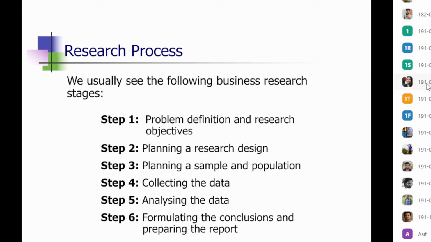This means that you should start with step 1 and you should end your journey at step 6. Start at number 1, end at number 6. And throughout this course we will try to discuss just these 6 steps.